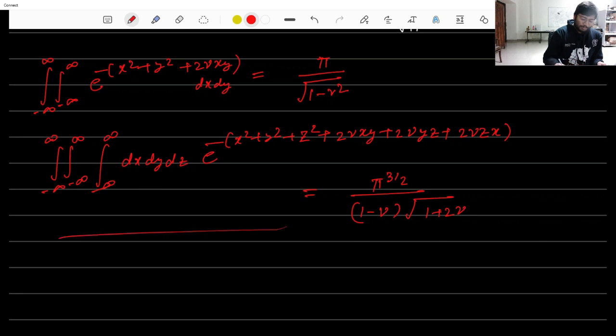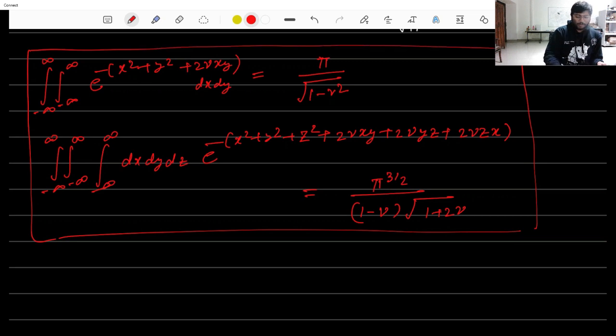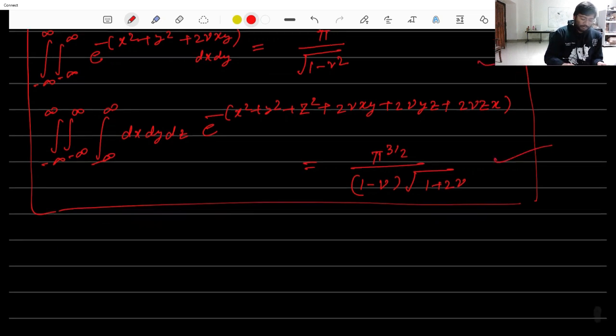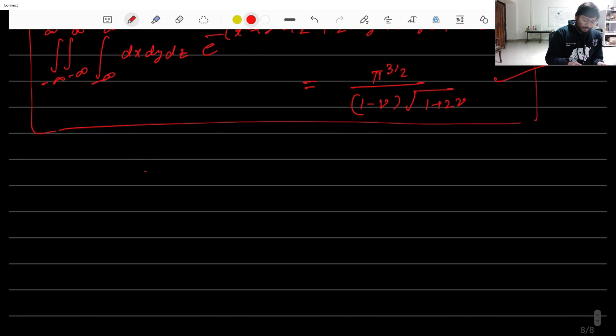So we saw today these two Gaussian integrations, one two-dimensional and another three-dimensional. We also saw the shifted Gaussian integration for one dimension: e to the power minus a x square plus b x, dx from minus infinity to plus infinity, and its value we got as root (pi by a) times e to the power b square by 4a.